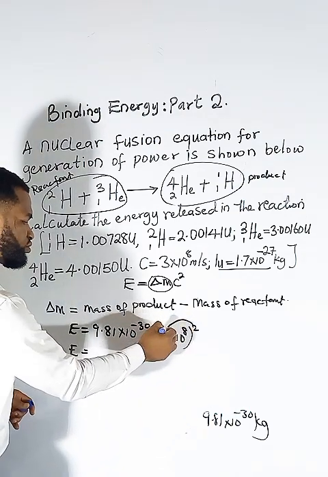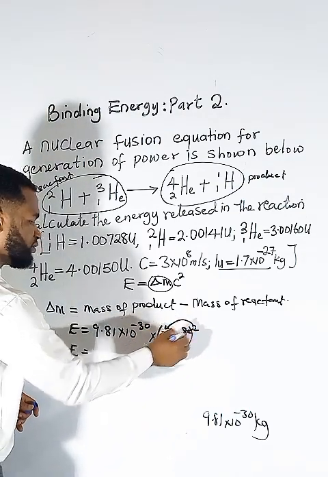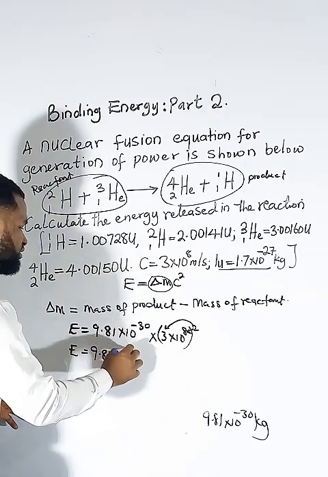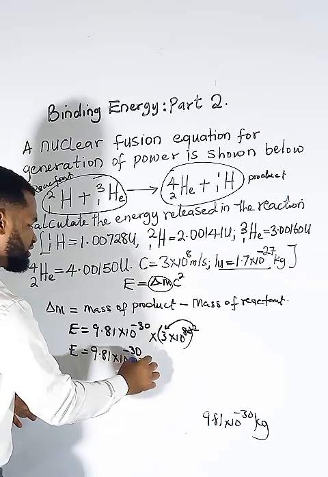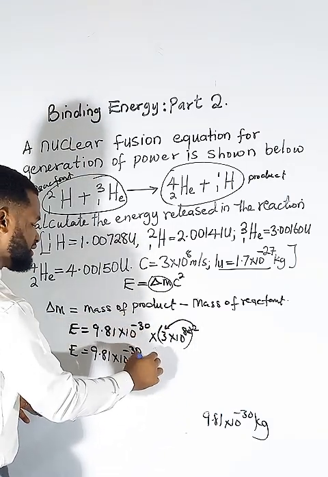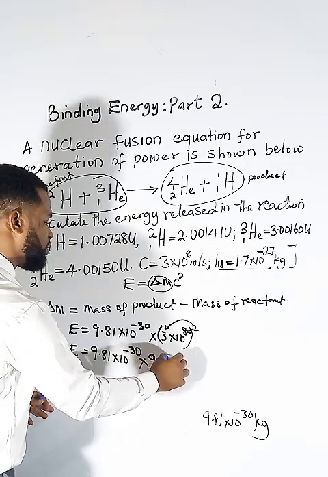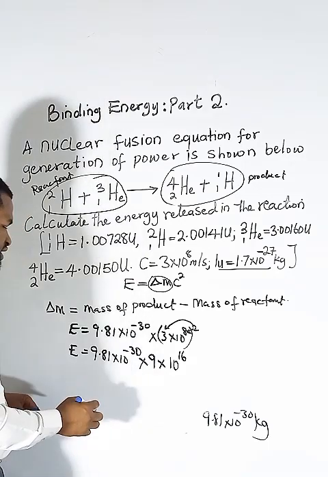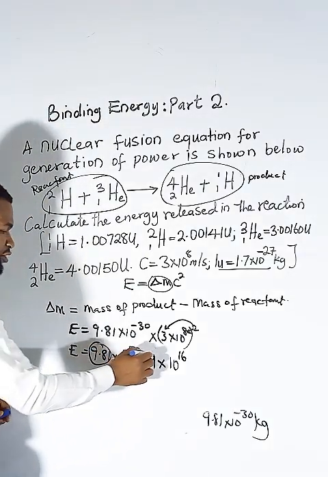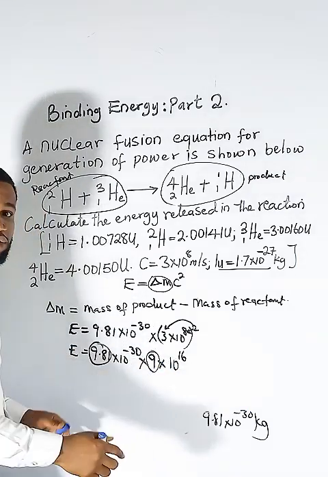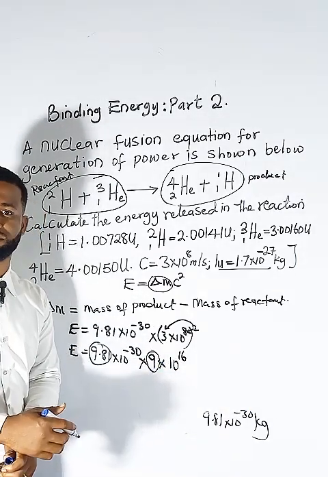So let's square this. This is 9.81 times 10 raised to the power minus 30, then times, when you square 3, 3 squared is 9, times 10 raised to the power 16. So I'm going to multiply this ordinary number by just this number, while the ones that have 10 as base will also multiply themselves according to the law of indices.